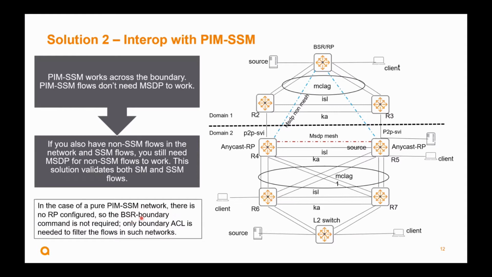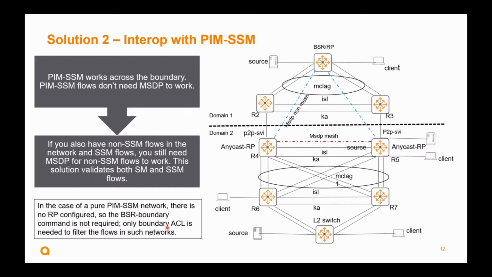So then you don't need the BSR boundary command. We said the BSR boundary command is to filter out the BSM messages, which is the rendezvous registration and announcement. In a source-specific multicast network, there's no RP. So then we won't need that BSR boundary command.